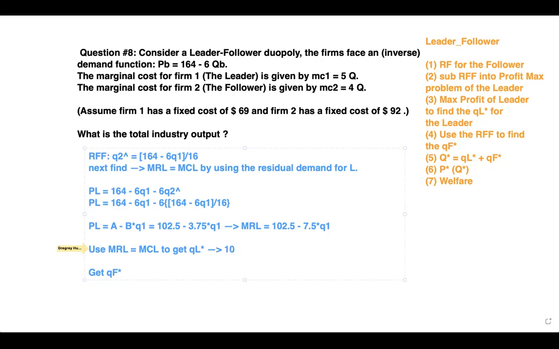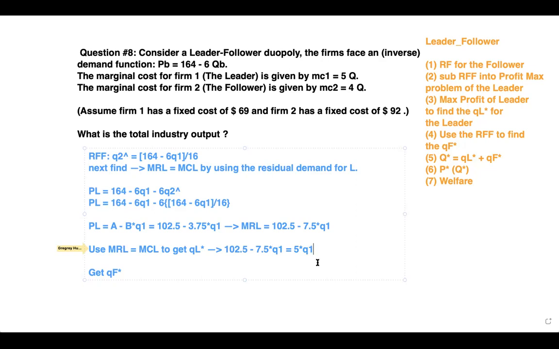So we have 102.5 minus 7.5 Q1, and then what should we have on the other side, Miles? I put 5Q. Yeah, 5. And Tommy, is that what you got too? I don't know what happened. I put divided by 7 for some reason. I just messed up on the calculator.